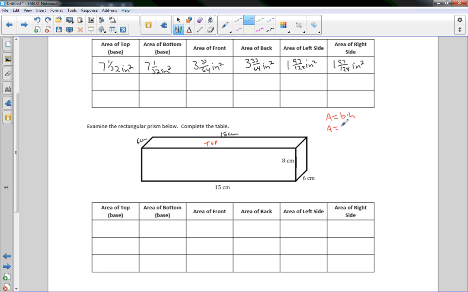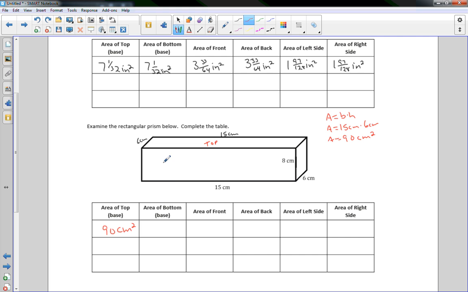Area equals 15 centimeters times the height, which is 6 centimeters. So the area is 6 times 5 is 30, carry the 3, 6 times 1 is 6, plus 3 is 9, 90 centimeters squared. So the area of the top, or the base, is 90 centimeters squared.